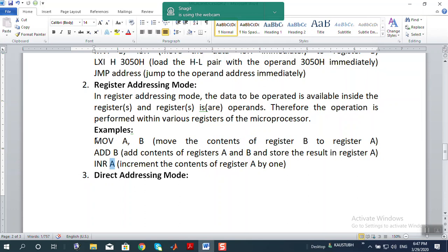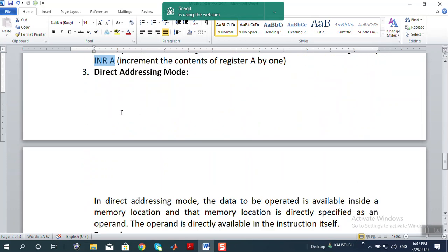So these are examples of register addressing mode, also called register direct addressing mode in some books. But there is a particular direct addressing mode instruction. Direct addressing mode instruction means you are giving the memory address of the data to be operated on along with the instruction.